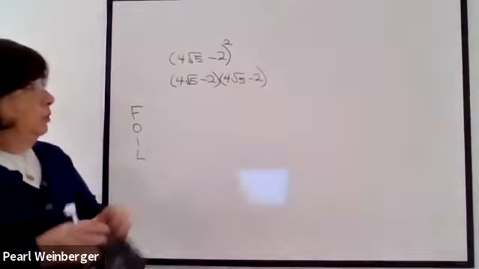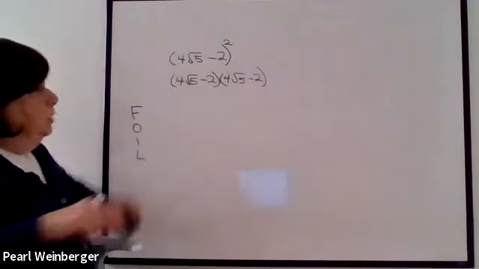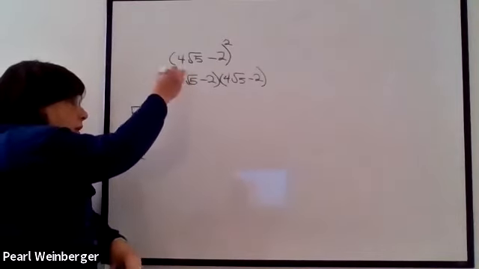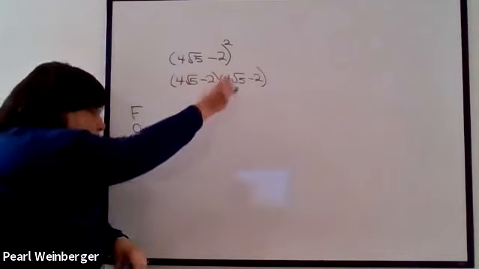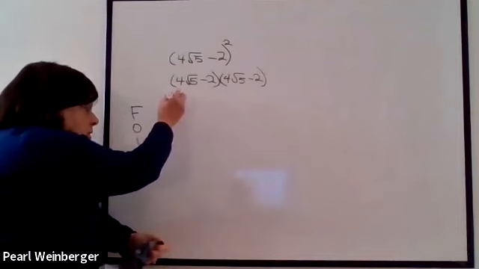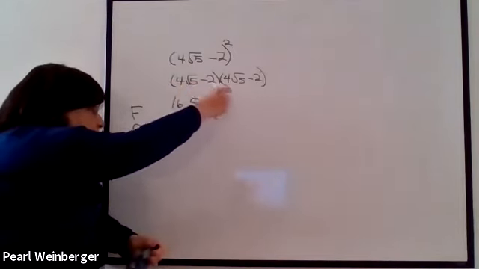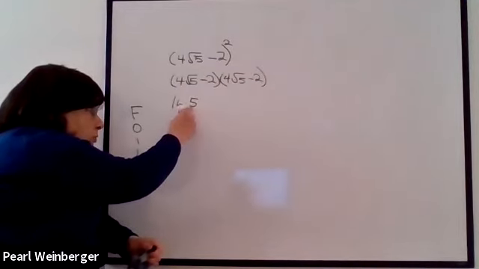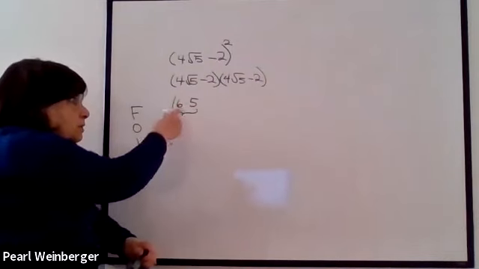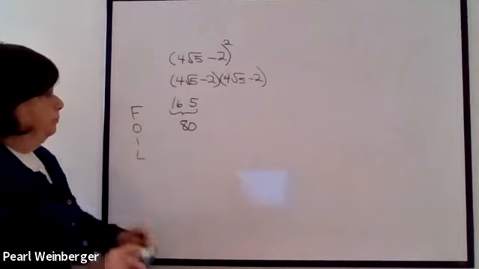Okay. So if we're doing this problem again, anytime you have a binomial squared, you write it twice and you use your FOIL and you multiply. The 4 radical 5 times the 4 radical 5 will give you 16 times 5. Remember, the radical 5 times the radical 5 just gives you plain 5, not in the radical. Of course, now I can multiply this 16 with a 5 and get 80. That's your first term.